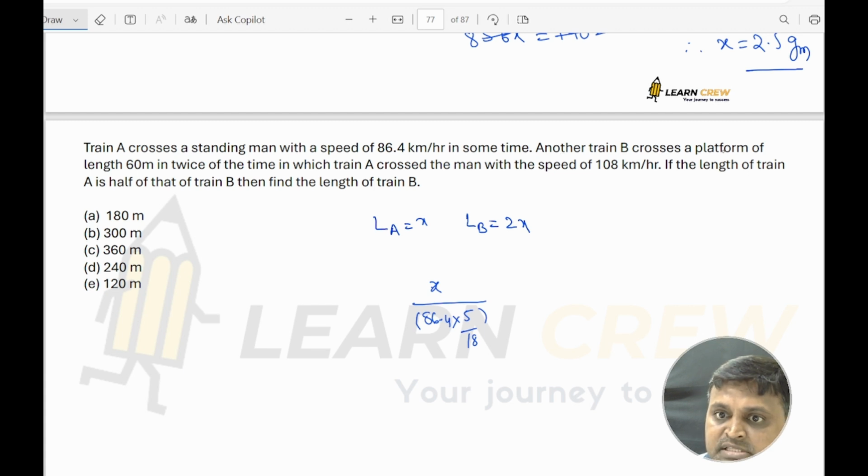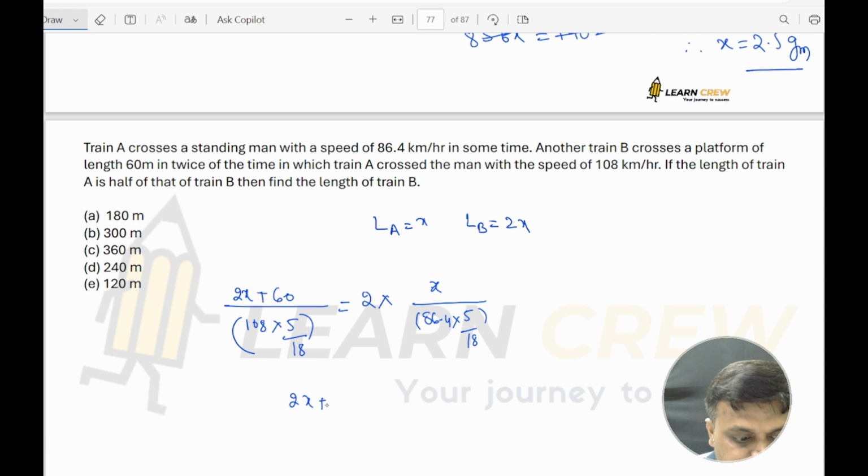Another train B crosses a platform of length 60 meter in twice of this time. So the second train is crossing a platform. The second train length is 2x and platform length is 60 and its speed is 108 km per hour. Okay, so if you simplify this, how much are you going to get?